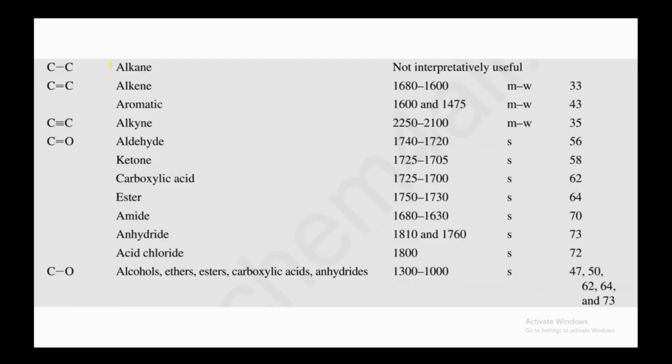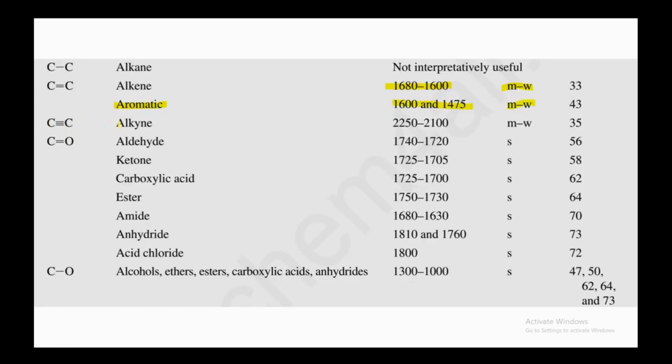And this is for the CC single bond of alkane, not interpretively useful. C double bond C of alkene gives you a peak at around 1680 to 1600. The intensity might be medium or weak. The carbon double bond carbon of aromatic gives you peaks at around 1600 to 1475. Intensity might be medium or weak.